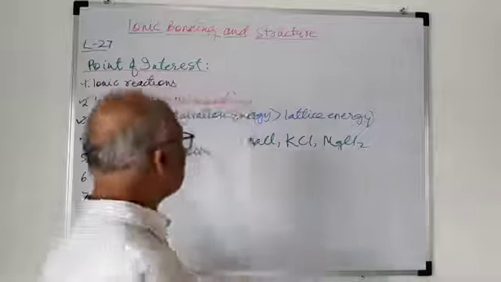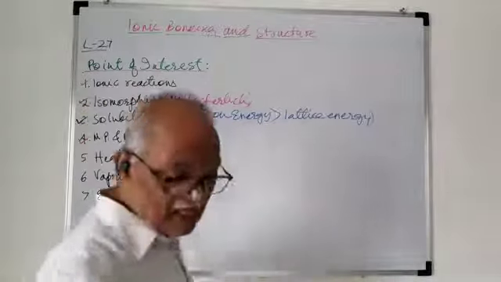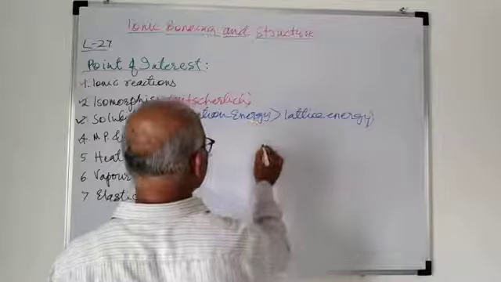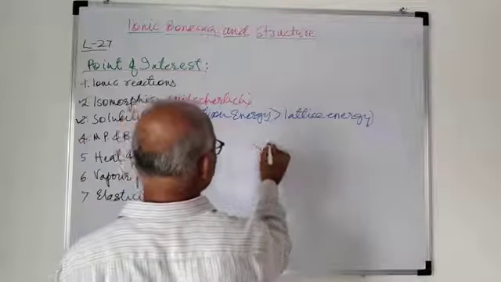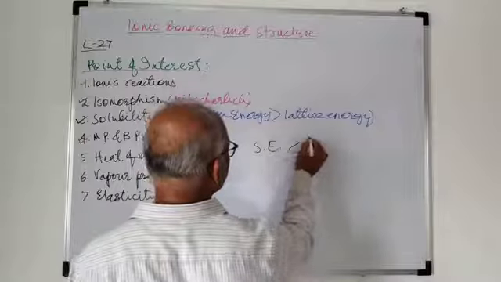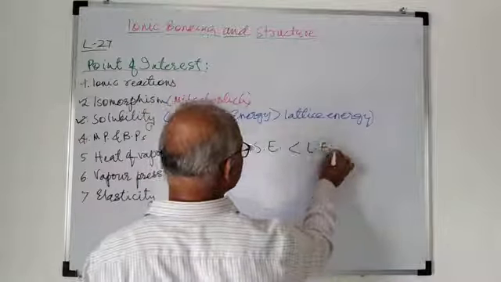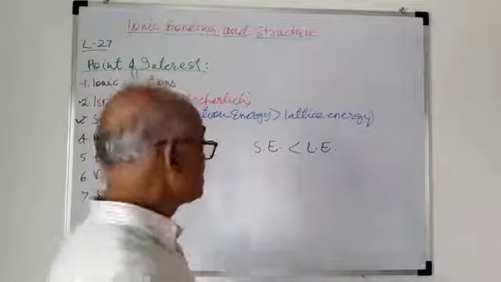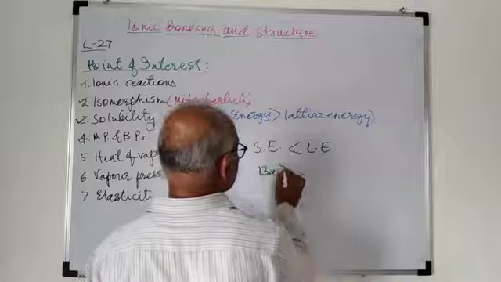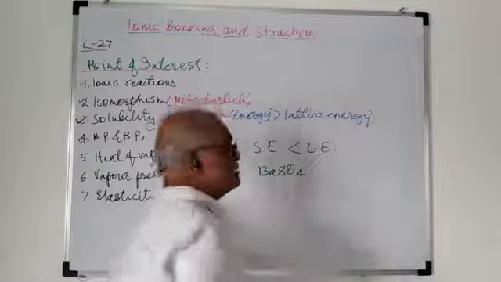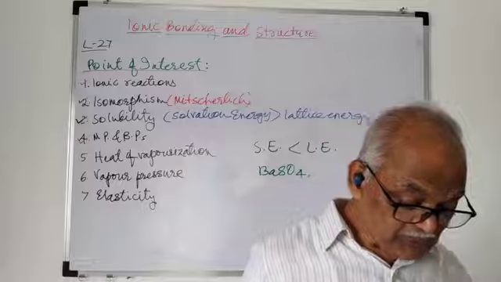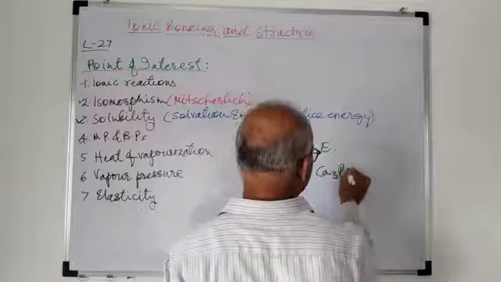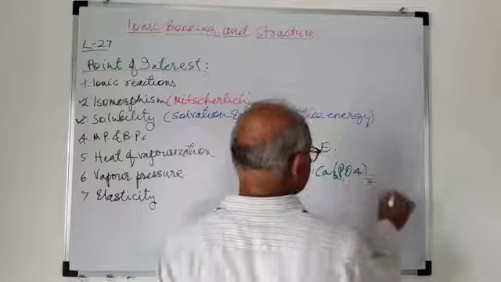But if the solvent has solvation energy less than lattice energy, then the solid will remain insoluble. For example, barium sulfate, or we can consider barium salts, or calcium phosphate, Ca3(PO4)2.